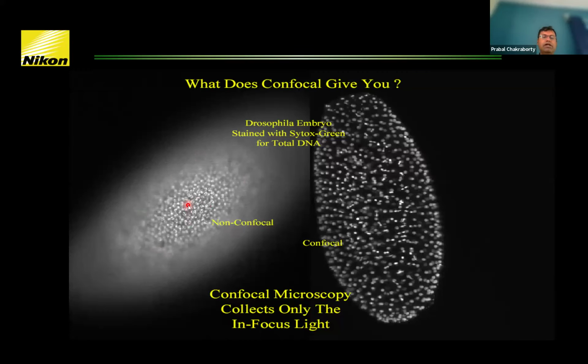The other part is masked by the out of focus light. But with confocal imaging, you can see the different nuclear positions all over the sample very clearly. So that is why confocal microscopy is helpful.